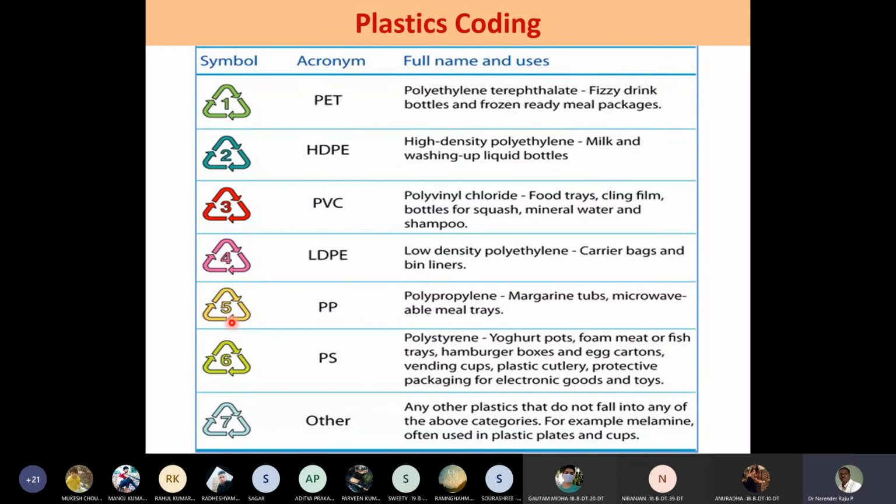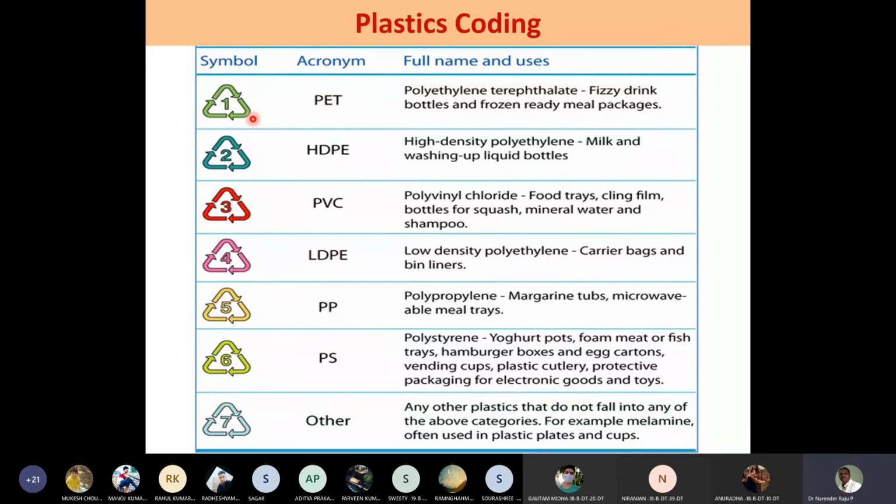But it doesn't indicate the recycle number, it indicates the polymer. It identifies the polymer, and these numbers are universal. That means anywhere in the world you find this number, it indicates that this is so and so plastic.